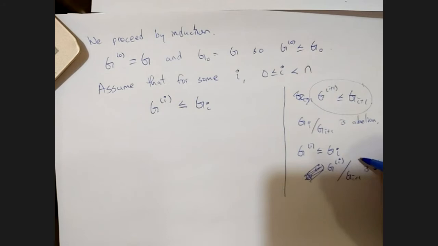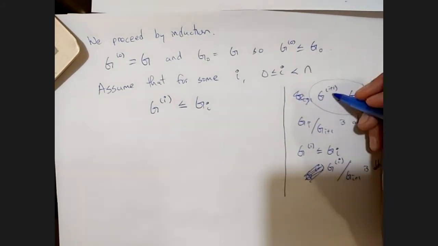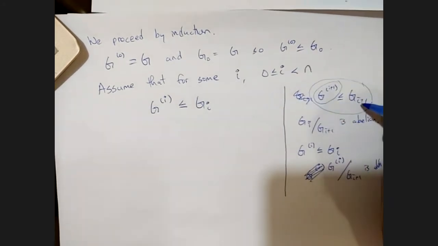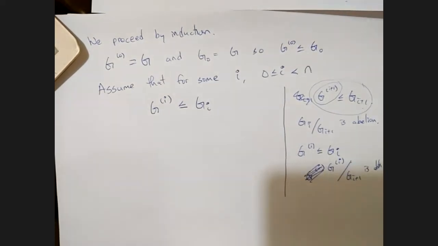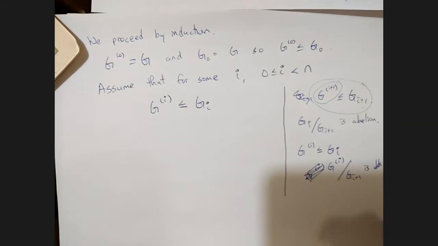If we could do that, that would tell us that this is contained in G_{i+1}. But that doesn't quite work because we don't know that.